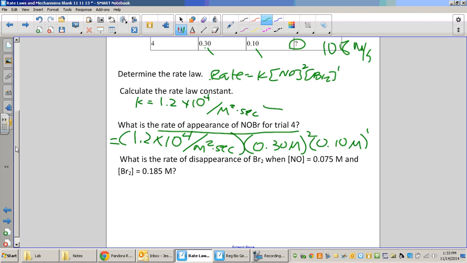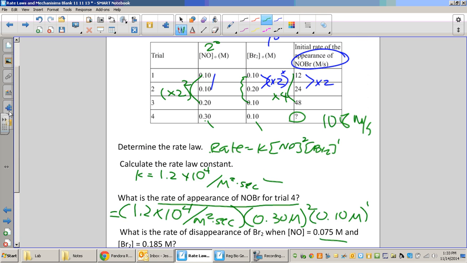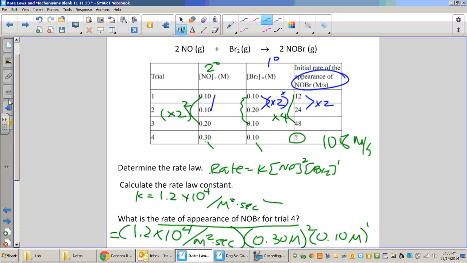And then last question is what I really just want to get to. What is the rate of disappearance of Br2 when this is this and this is this? So just tell me how you would do it. Notice that the rate is in reference to something else, not the rate of formation. Right. Okay. So you're using mole ratios, essentially, because you have a coefficient given to you, 2 NOs and 1 Br.